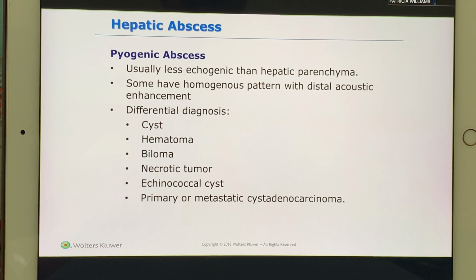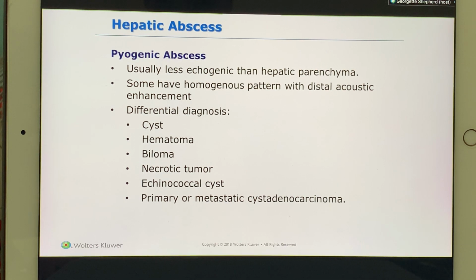Pyogenic abscesses are usually less echogenic than the liver parenchyma. You can have distal acoustic enhancement depending upon the amount of fluid inside the abscess. Our differential diagnoses are a cyst, a hematoma, a bilioma, a necrotic tumor, an echinococcal cyst, or a cystadenocarcinoma.